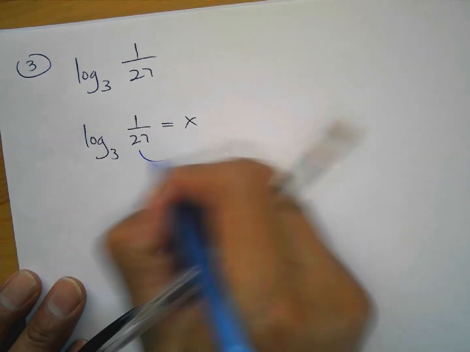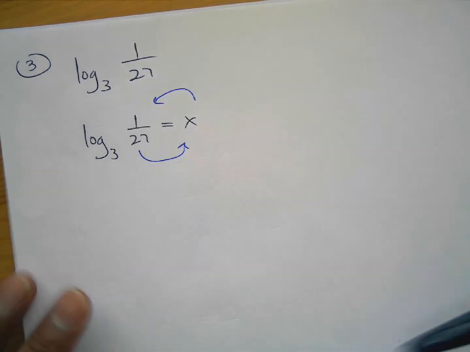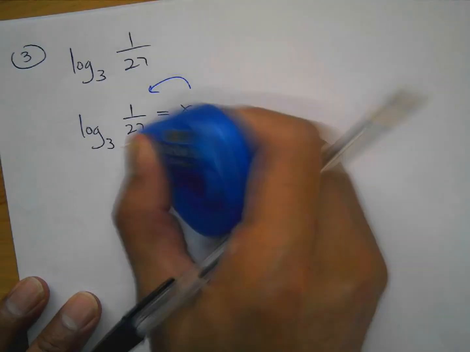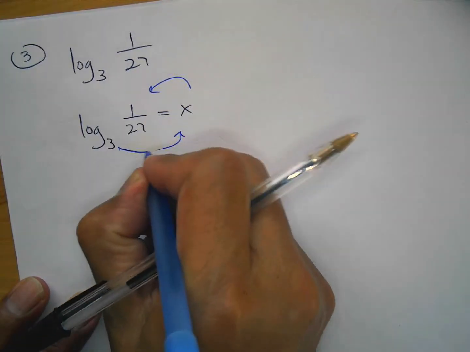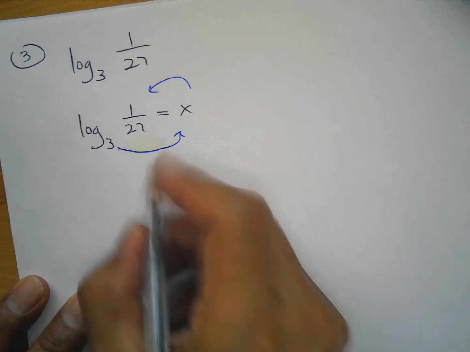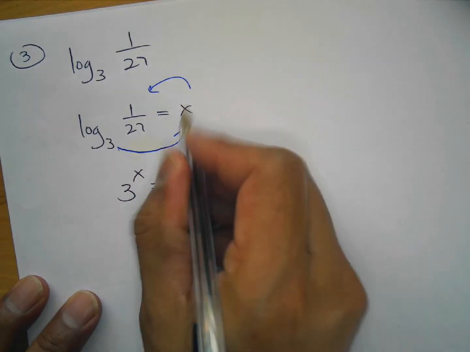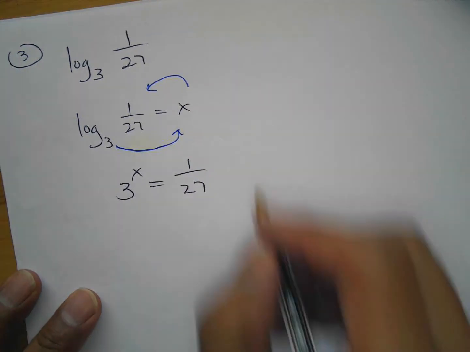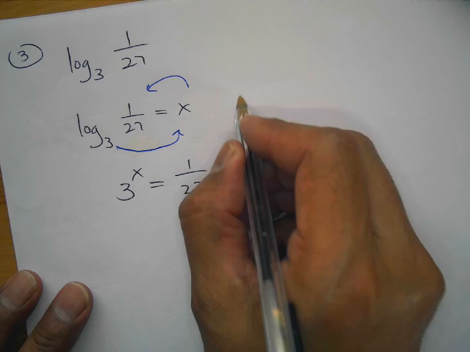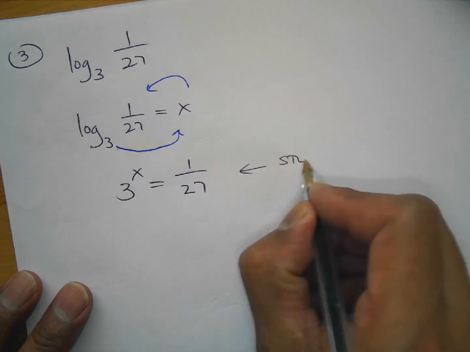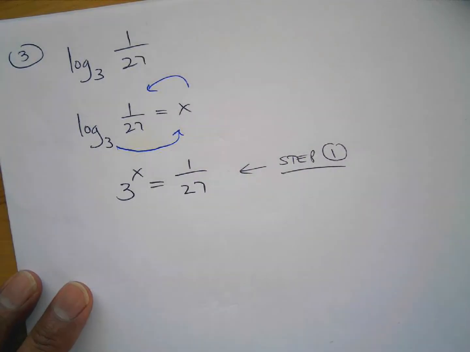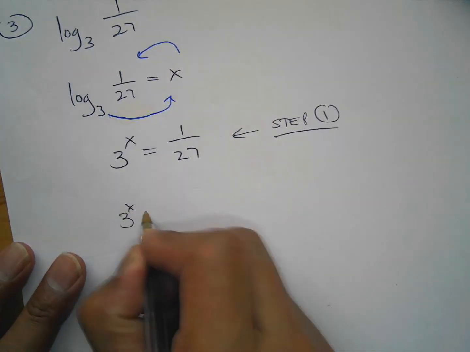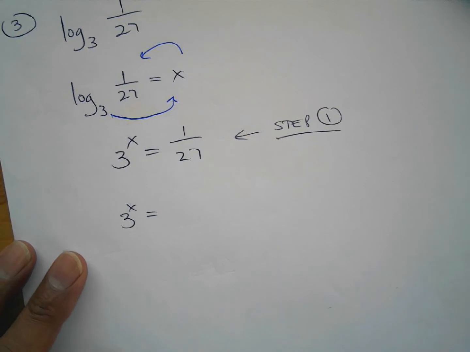It's starting from the base. 3 to the power of x equals 1 over 27. Okay, this is step 1. I converted it to exponential form. Now I'm going to do step 2, which is to try to get the same base.